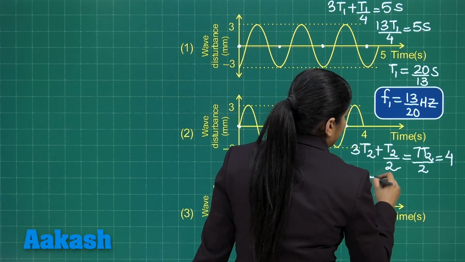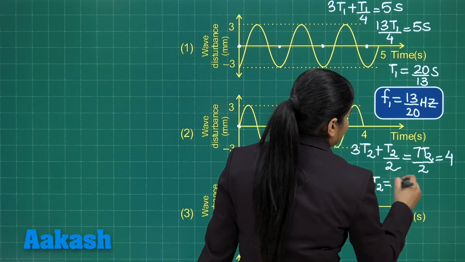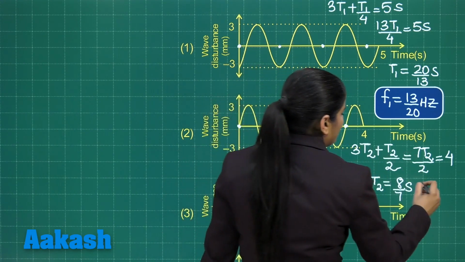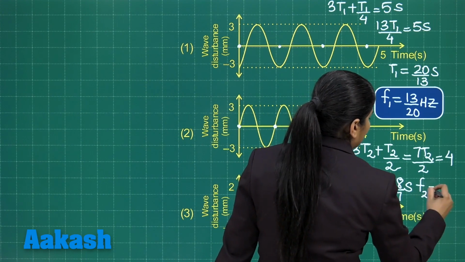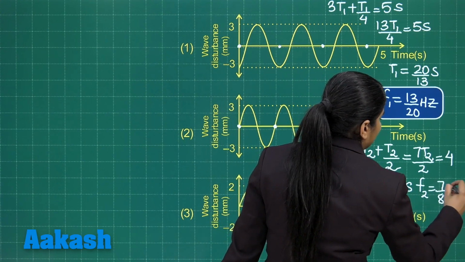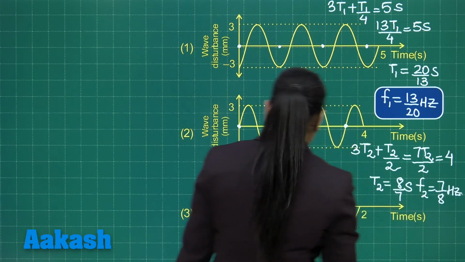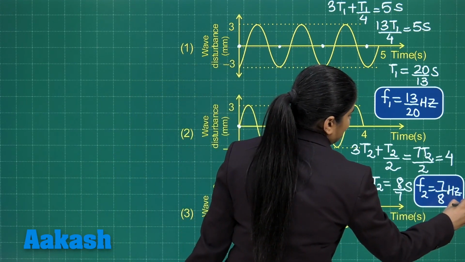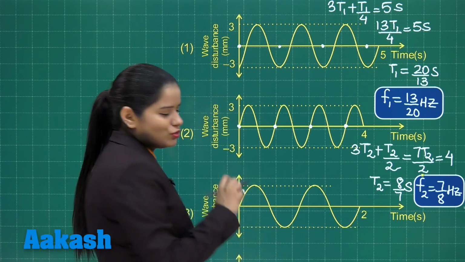With the help of this, T2 will come out to be 8 by 7 seconds, and this gives me the frequency F2 as 7 by 8 Hertz. Let me just put this into the box also. So we have calculated the frequency F2 also.